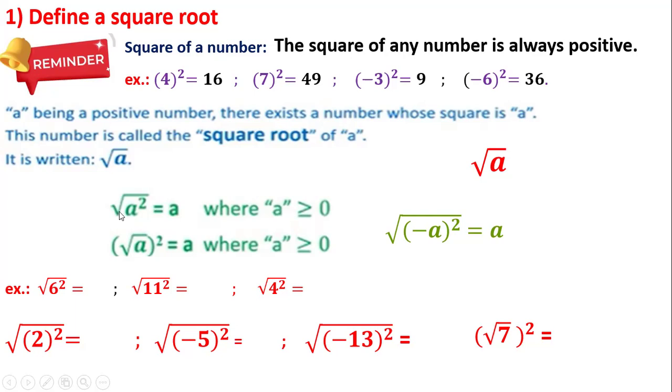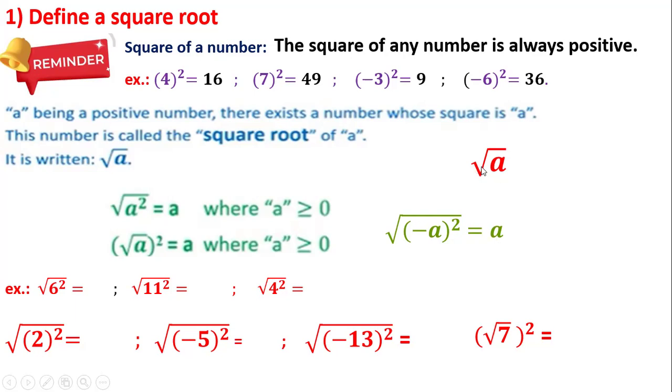Since the number inside has an exponent 2, the square cancels the radical, and my answer is A, where A is positive. Radical A, all of it squared: also the square cancels the radical, and my answer is A. Radical minus A, all of it squared: this is a negative base and the exponent is even, so the number becomes positive and the square cancels the radical. My answer is A.